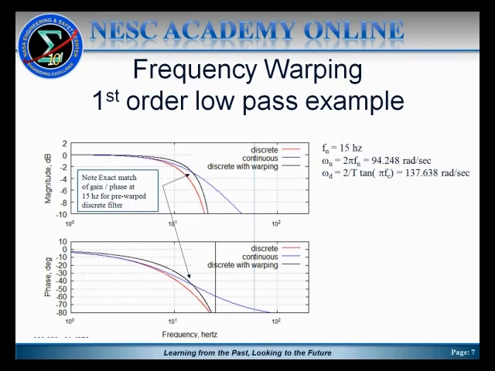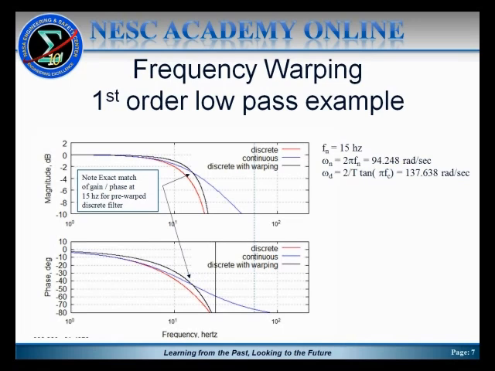If you do that, you'll note what's shown by the note there inside the Bode plot. Now you'll notice the black line, which is the discrete filter with pre-warping, matches both the gain and phase exactly at 15 Hertz. In other words, the black line crosses the blue line right at 15 Hertz for both the gain and phase, where the red line, which is the discrete filter without pre-warping, both the gain and the phase are different than what they are when you've pre-warped it.